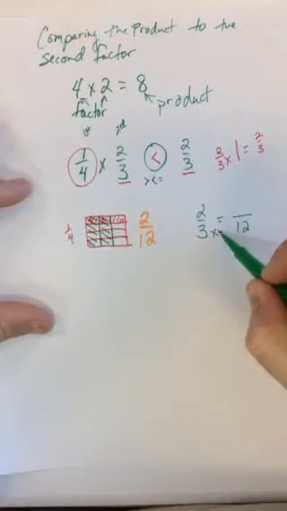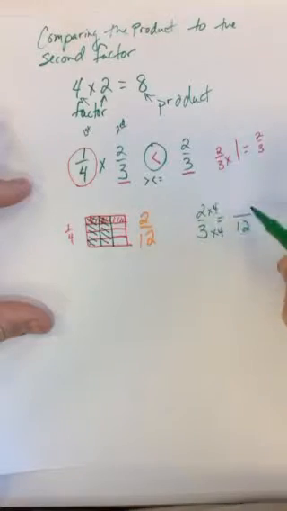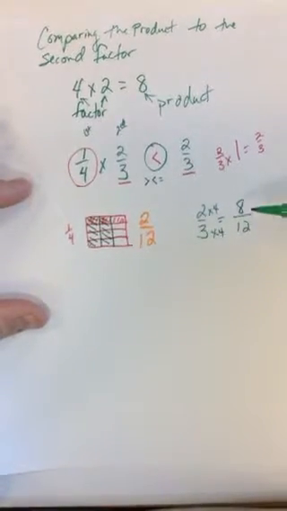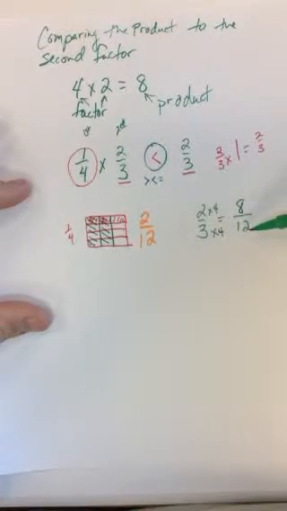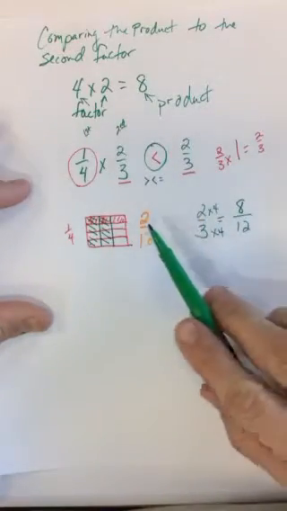To do that, I'm going to multiply by 4, which is going to give me 8/12. Now I can compare numbers because I have exactly the same number of pieces in both, and my numerator will tell me how many I would have shaded.